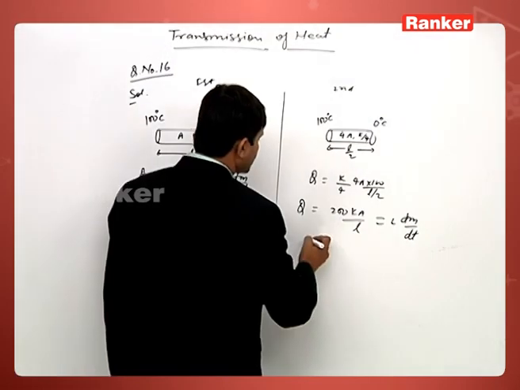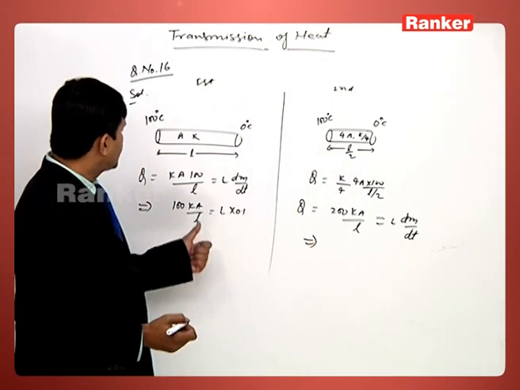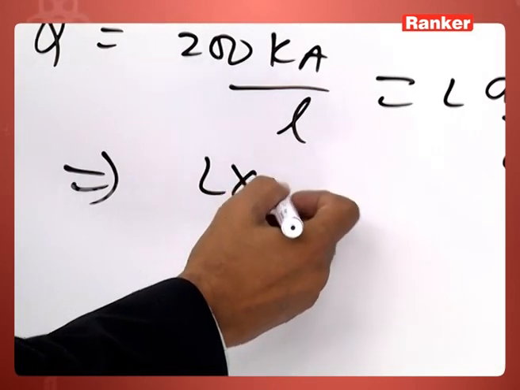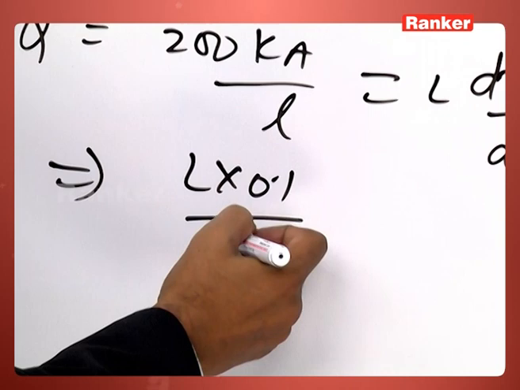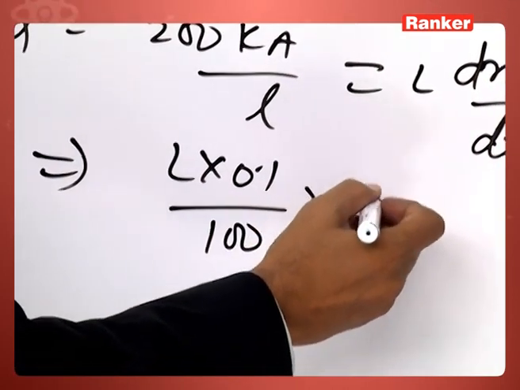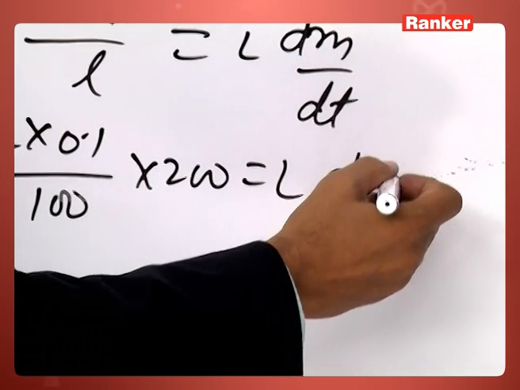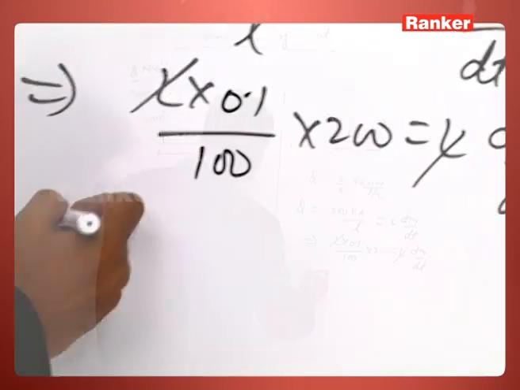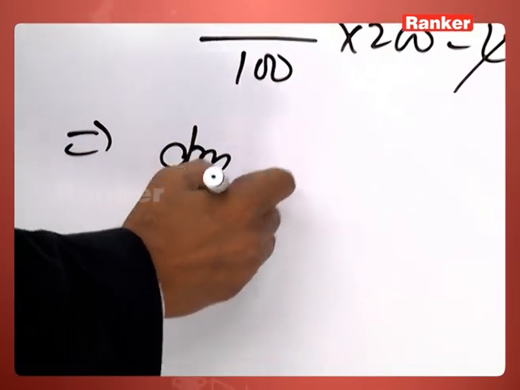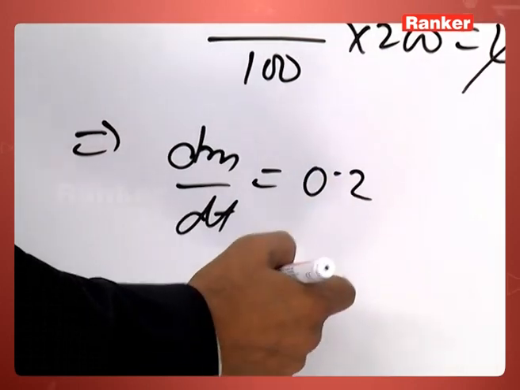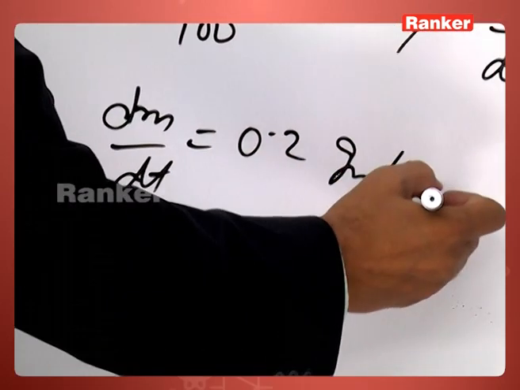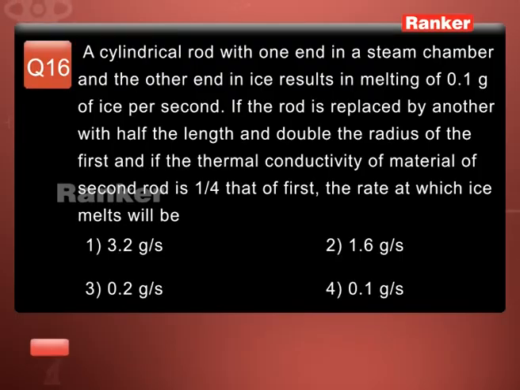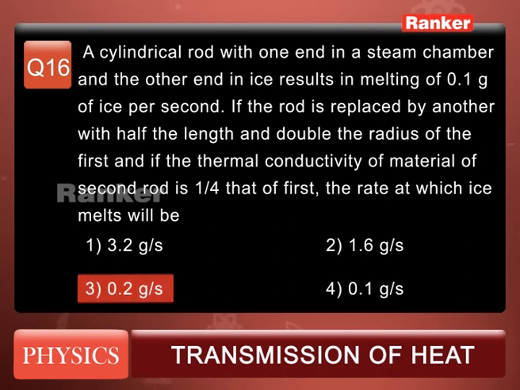We can say here K A by L is L into 0.1 by 100, into 200, that is L dm by dt. L and L cancel, 100 cancels, so dm by dt will be 0.2 gram per second. Now at 0.2 gram per second the ice will melt. So the correct option is the third option.